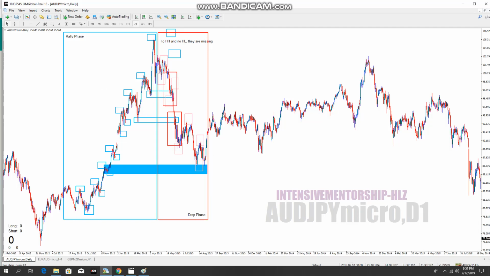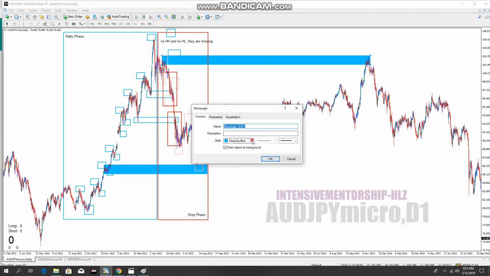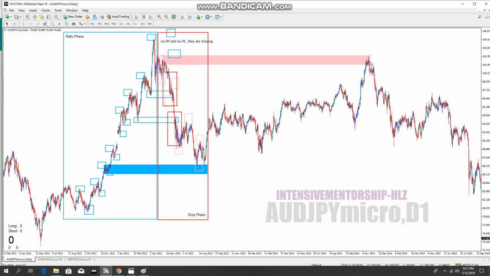When the price is going up, this is where we are going to look for sell. Because the rally phase has been changed into drop phase, you are going to look for sell.